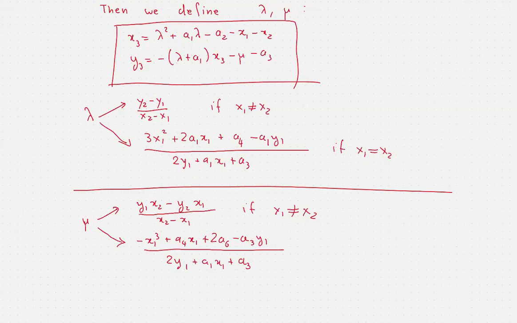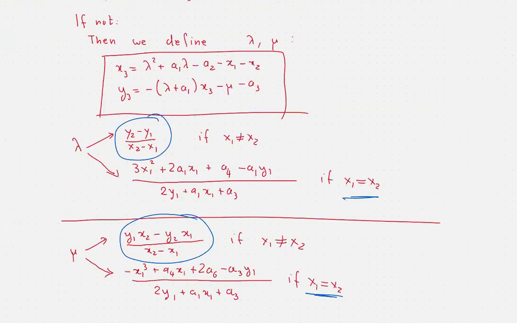So lambda and mu are defined by these formulas. The generic formulas, again, are this one and this one, which are pretty simple. You won't usually have x1 equal to x2. If you have them, then you have more special formulas. And this is the formula for the operation.